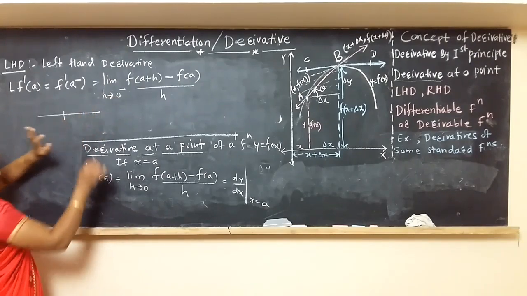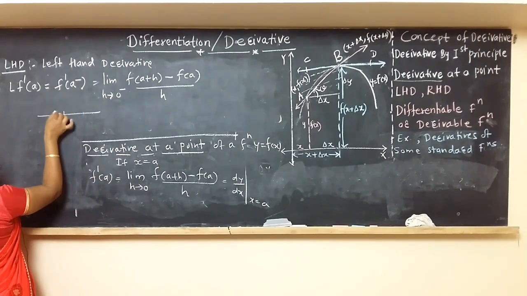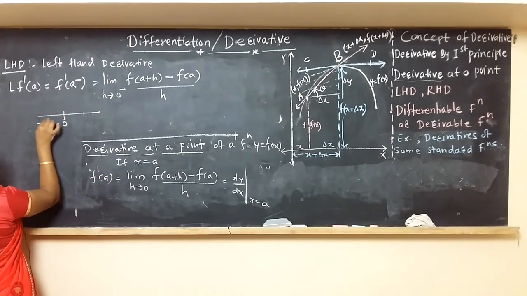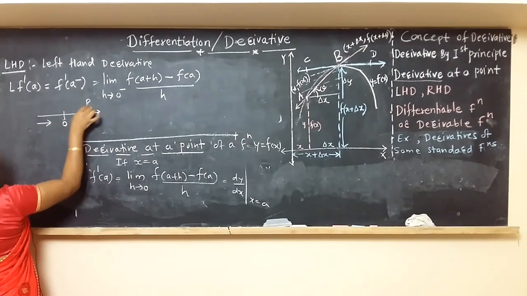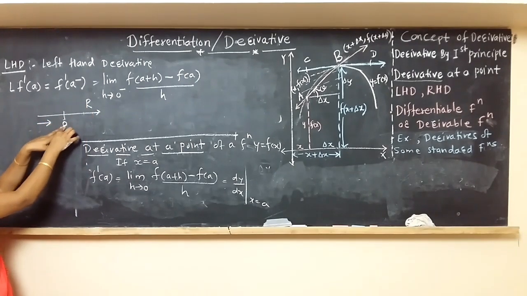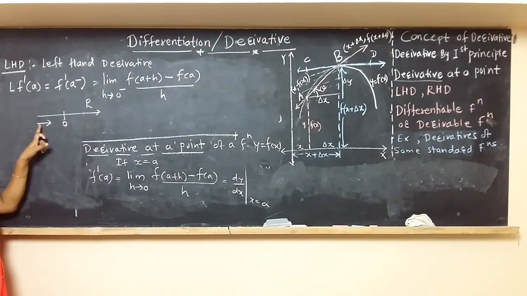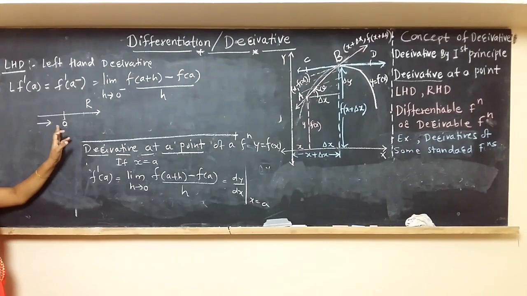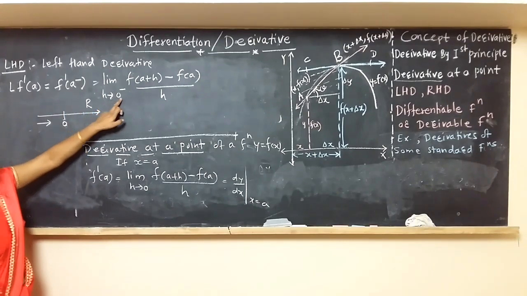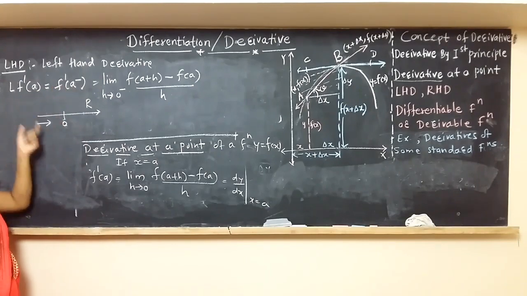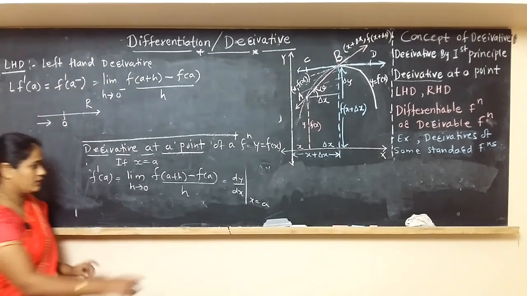If that change tends to 0 from left. So this is real line. On that real line I have represented the point 0. In that case, if that change in the value of x tends to 0 from left, the left hand derivative represents. There are two symbols to represent them.